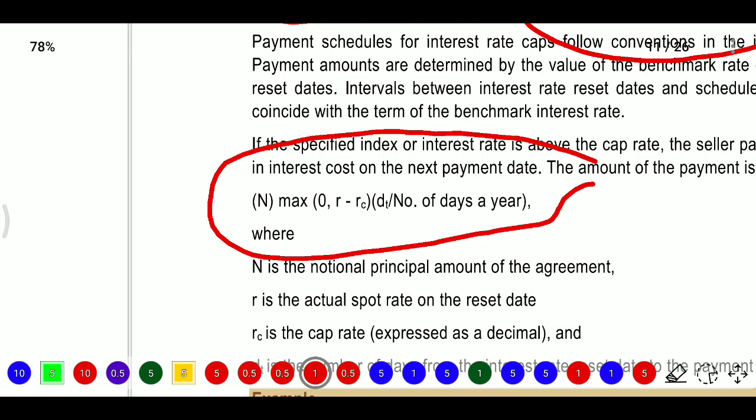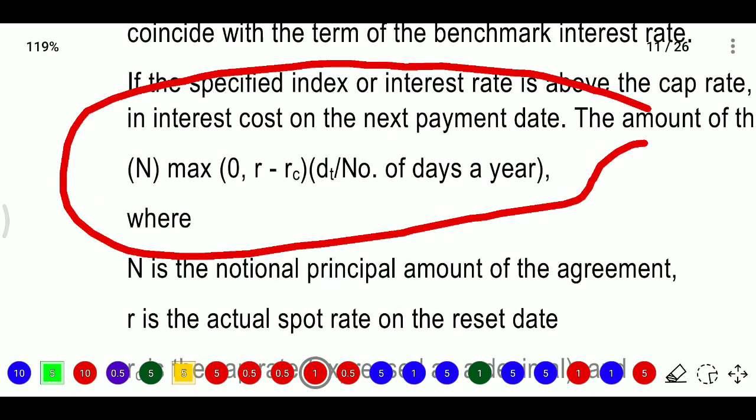Whereas in the cap option we have the formula: N, the nominal or notional amount, into max(0, R minus RC).